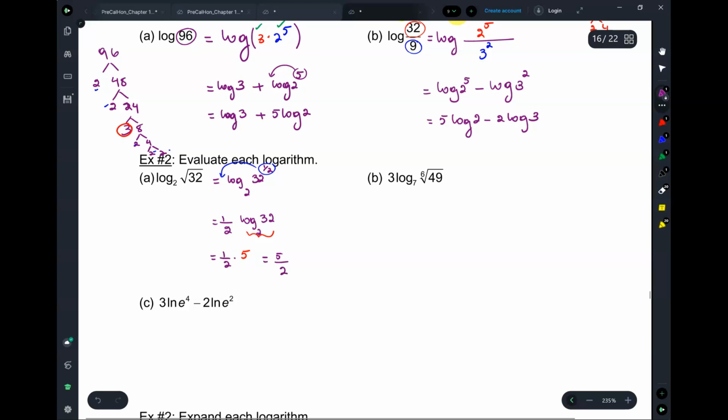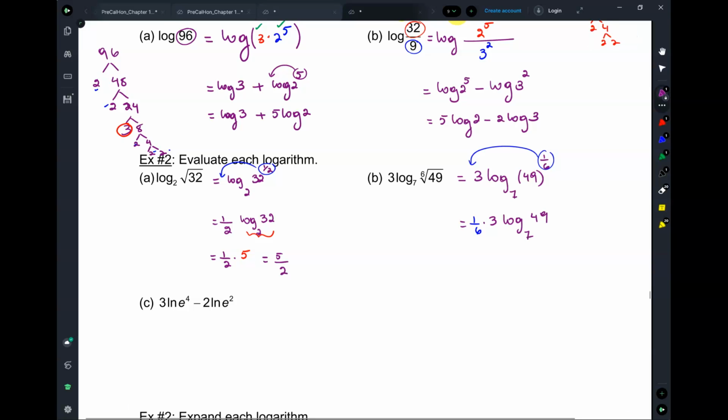Okay, so let's take a look at this next one. How can I rewrite this? Good. 49 to the 1/6. And now, the 1/6 comes down. So it's 1/6 times 3 log 7 to the 49.